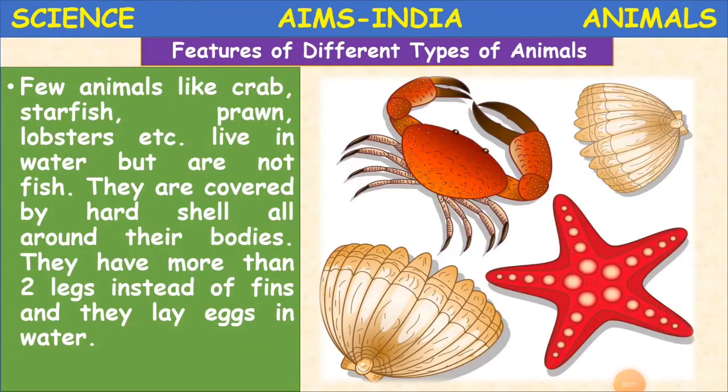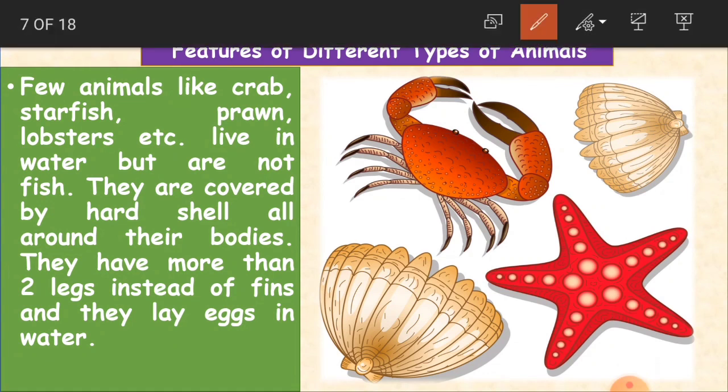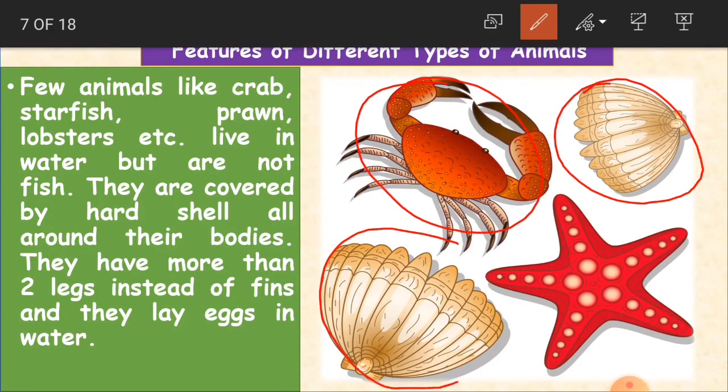Yes, children, now let us see some other types of animals like crab, starfish, prawn, lobster, etc. They live in water but are not fish. As you observe here in the picture, children, these are all water animals, that is, aquatic animals. Why? Because they live in water, like starfish, prawn and lobster.